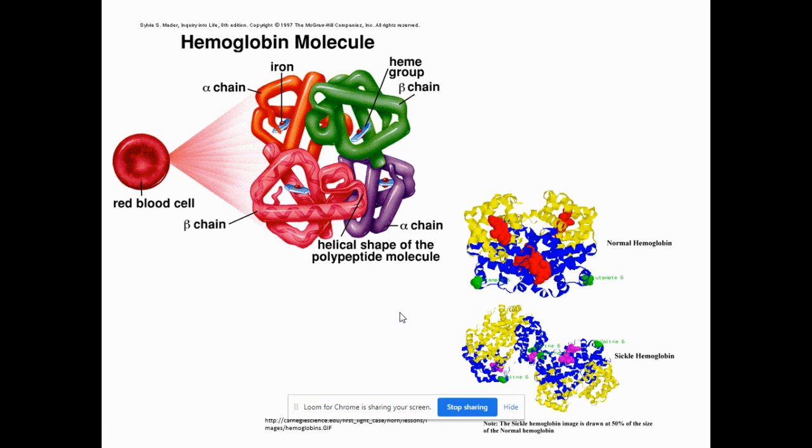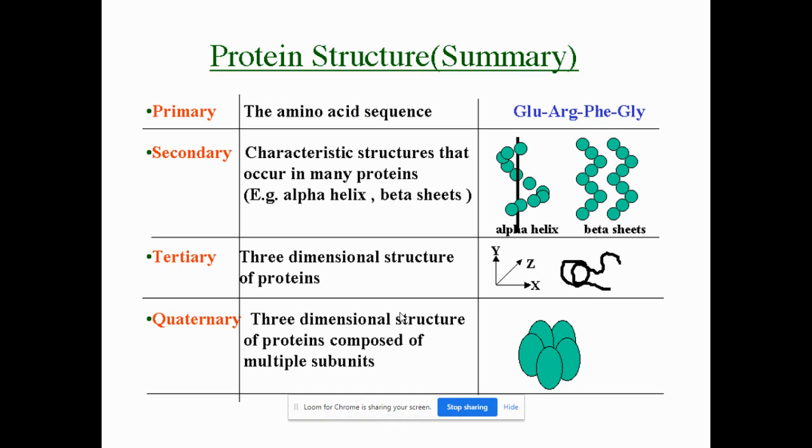A good example of this is hemoglobin. But one thing I want to add before we talk about hemoglobin, which may come up later as well, is that if the protein loses this structure, it can lose the function.